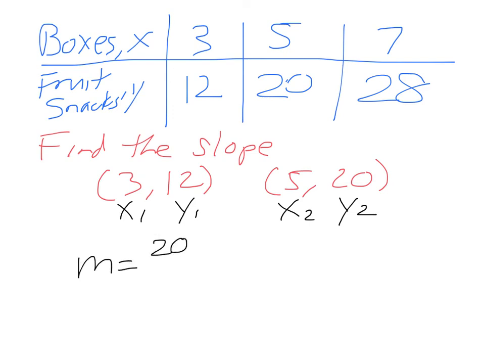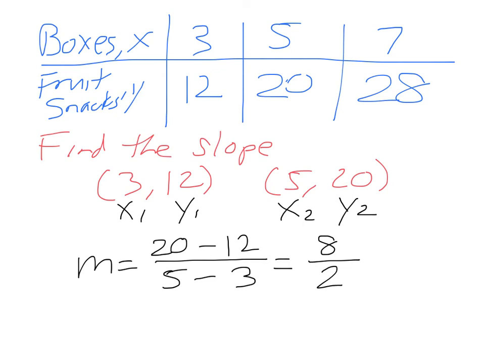Y sub 2, which is 20, minus y sub 1, which is 12, over x sub 2, which is 5, minus x sub 1, which is 3. 20 minus 12 is 8. 5 minus 3 is 2, which gives me 4 over 1. So my slope is 4 over 1. What that means is I have 4 fruit snacks per box. And that is the slope.